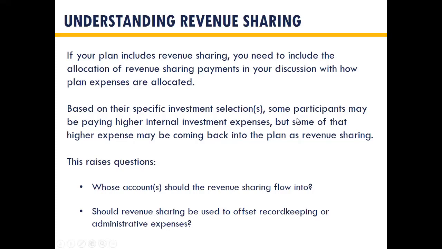Some participants, though, depending on how the revenue sharing works, may pay a bigger piece of the revenue sharing. So let's say you have 100 participants, 50 of them are invested in funds that pay revenue sharing and the other 50 are not. And let's say that all of the plan's record keeping and administration fees are coming from revenue sharing.